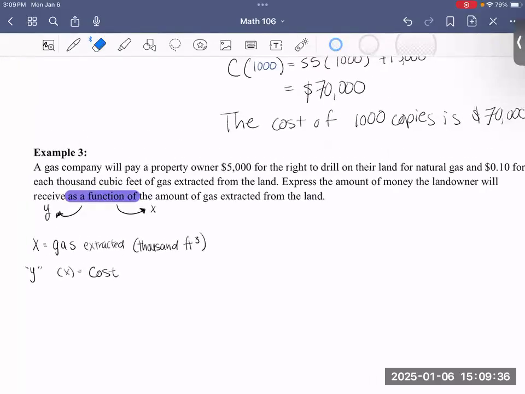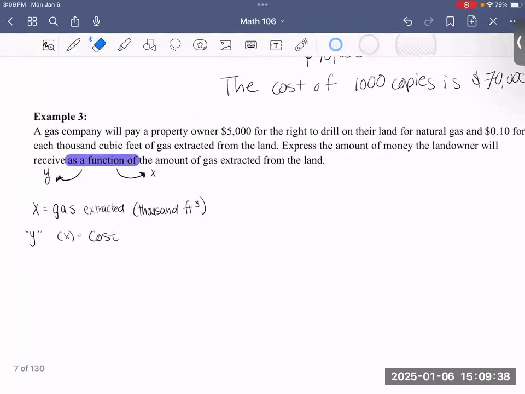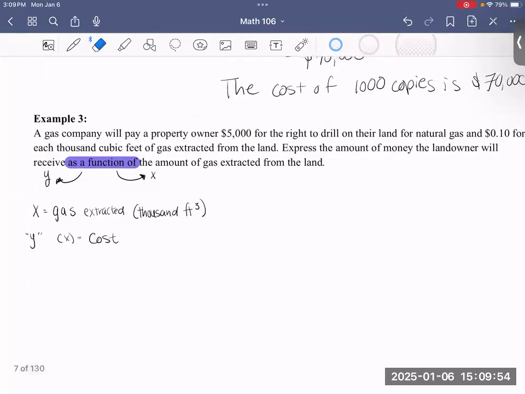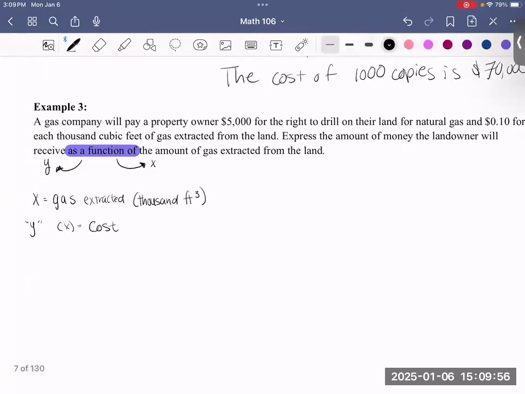All right, so we need to make an equation. So it says, once more, a gas company will pay a property owner $5,000 for the right to drill on their land. So no matter what, we get $5,000. So that is going to act as your y-intercept.